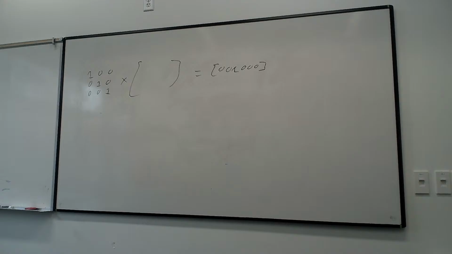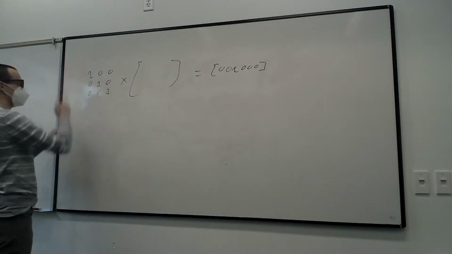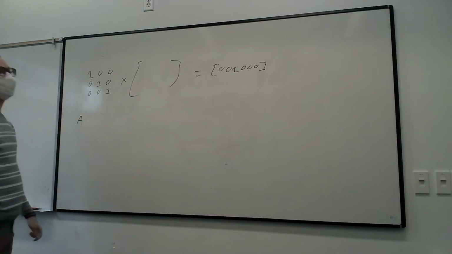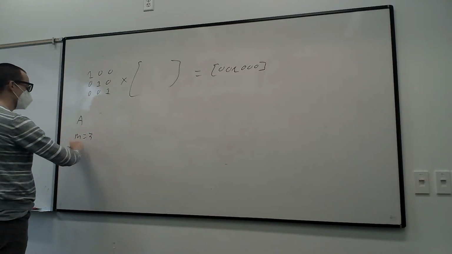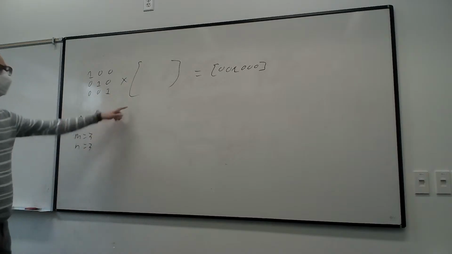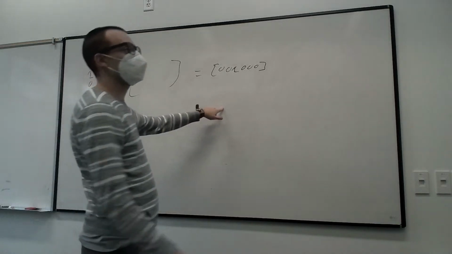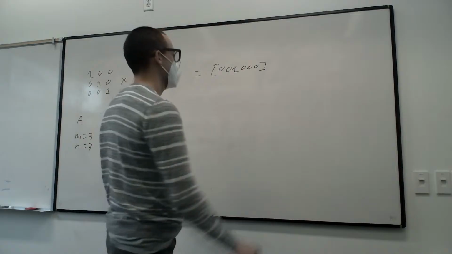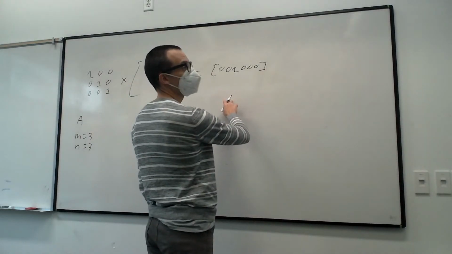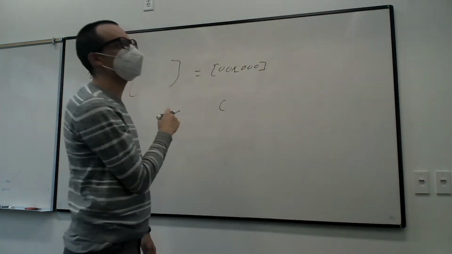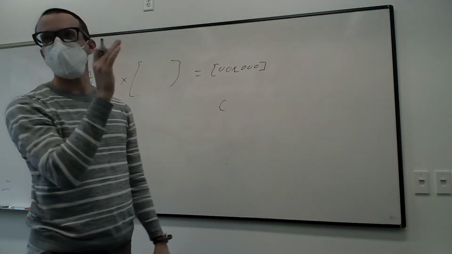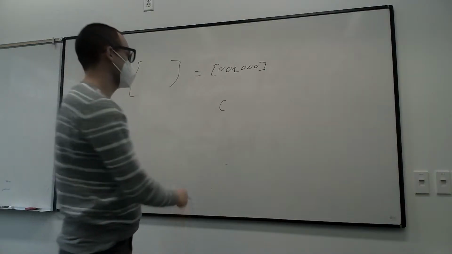So, this thing is A with m equals 3 and n equals 3. We don't know what this is. And this is C, and we want C to be, I don't know if I want M or P to be 1, but one of M and P needs to be 1, and one of M and P needs to be 6, okay?